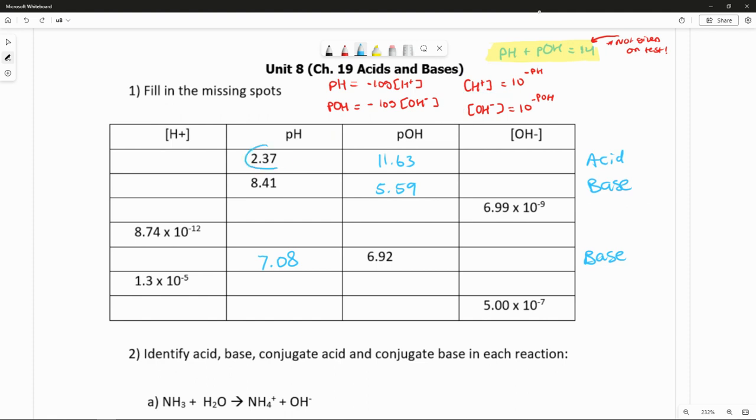So what you do is take 2.37 and you're gonna get your calculator and you're gonna do 10 to the negative 2.37, which is going to be basically what you're going to do to find the concentration of H plus, and that is all you do.